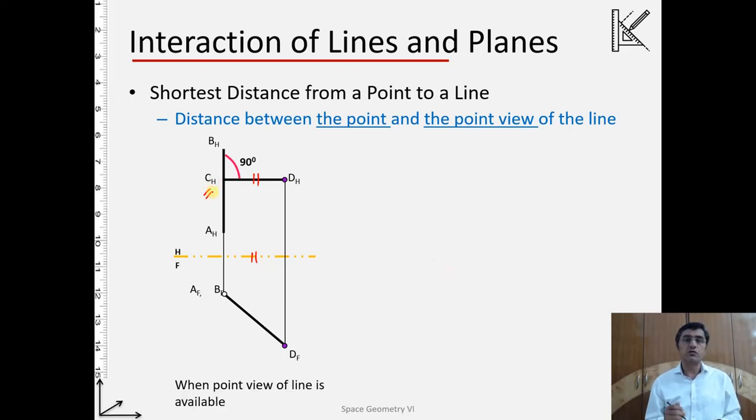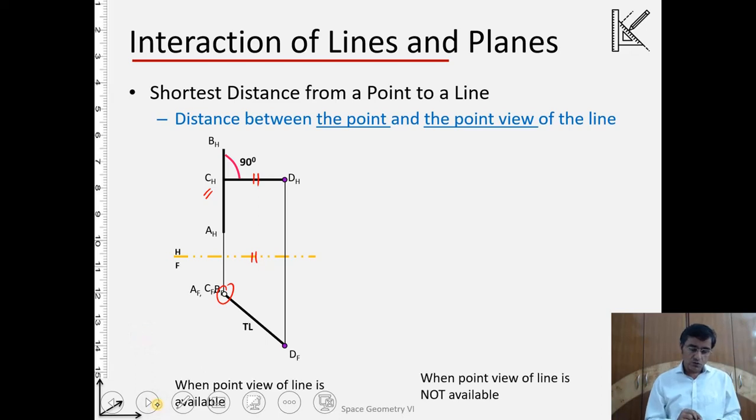CH is now the foot of the perpendicular on line AB. Corresponding to CH on the frontal projection, the point will also appear within this, so let the CF we can write here. Alright, so this line is the true length.